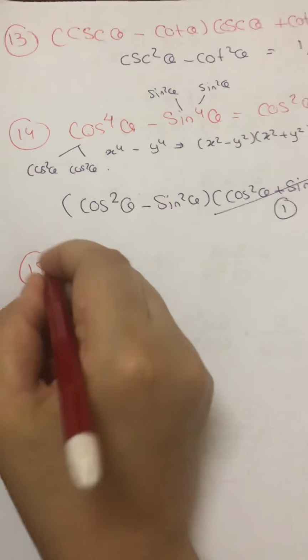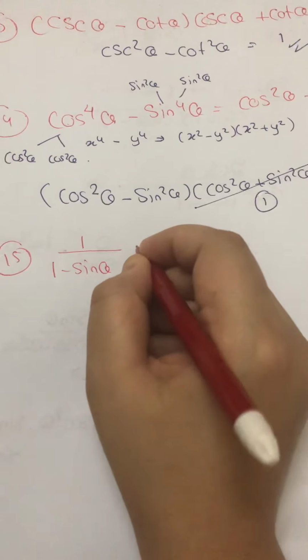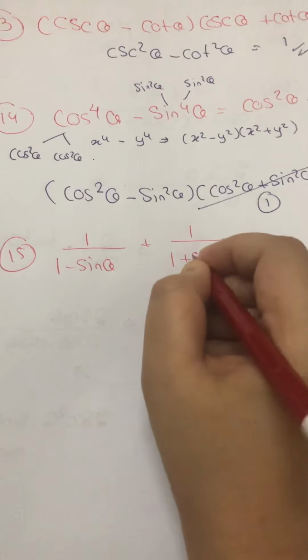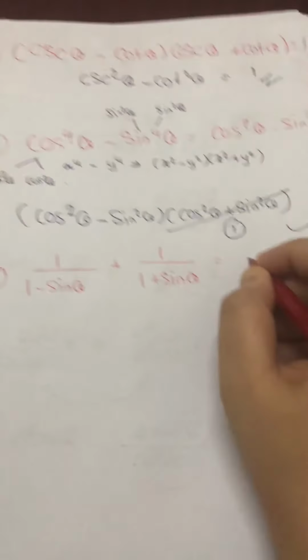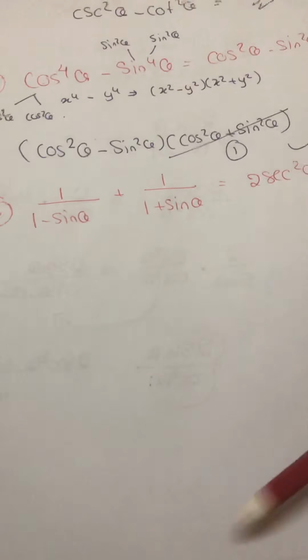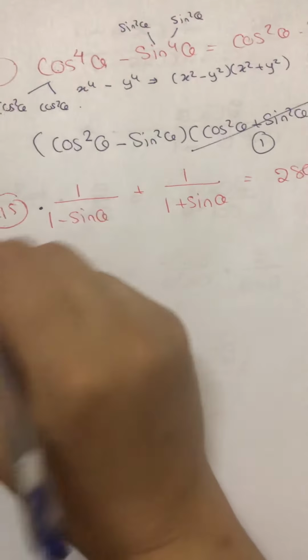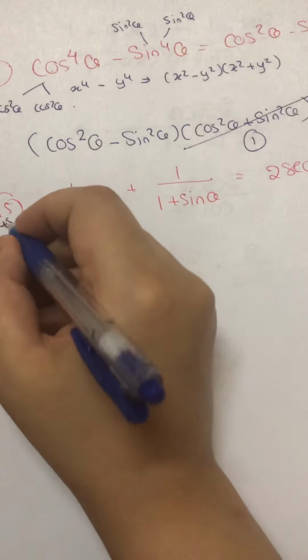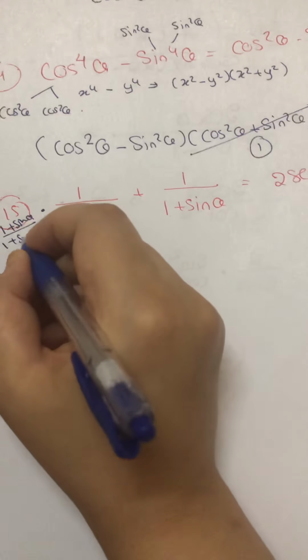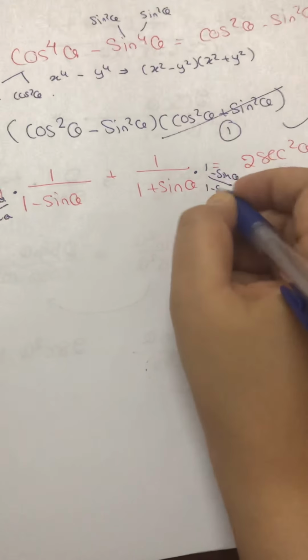Question number 15. 1 over 1 minus sine theta plus 1 over 1 plus sine theta is equal to 2 sec squared theta. Okay, what am I going to do? I'm going to multiply this side by 1 plus sine theta over 1 plus sine theta, and this side by 1 minus sine theta over 1 minus sine theta, and let me see, where am I going?